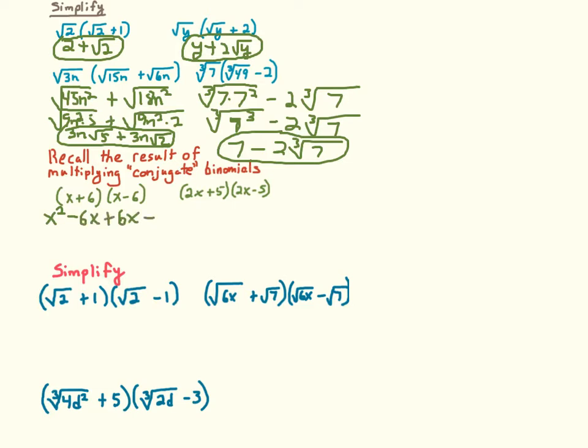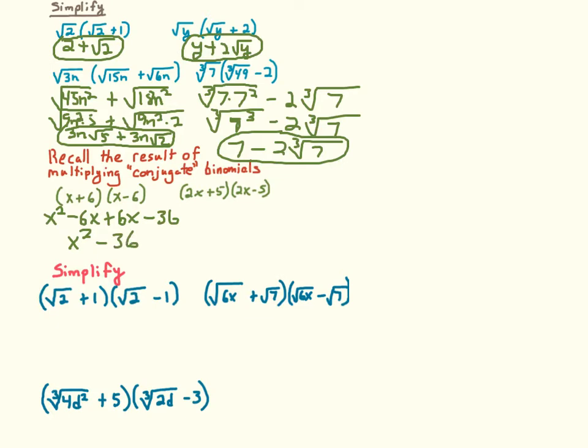and then last, notice that the O and the I of FOIL generate opposites, so you end up with 0. So when you multiply conjugates, you just end up with the F and the L of FOIL with a subtraction sign between them. So that gets x squared minus 36.